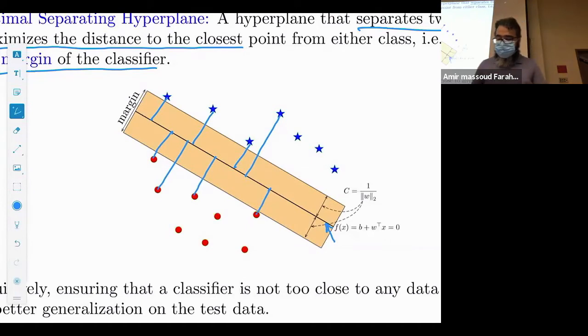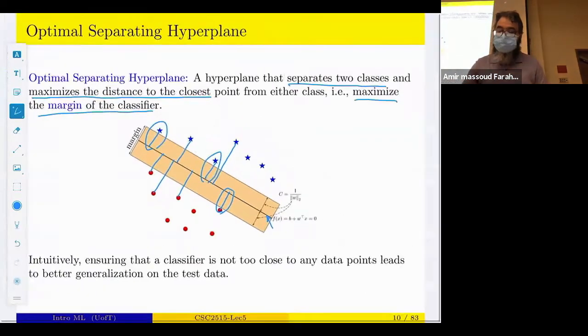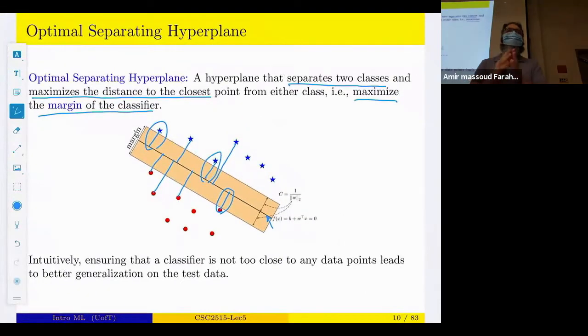On each side, we have a minimum distance. For example, either this or that has the minimum distance on one side, and on the other side we have the minimum distance to the red circles. So the idea is that we try to find a line such that the minimum distance to either of the classes is maximized.